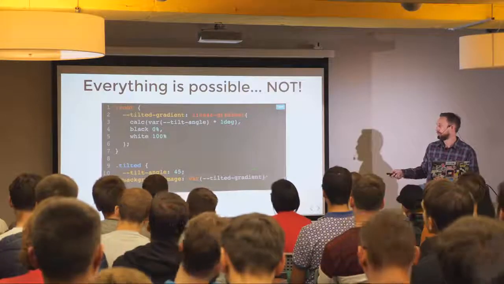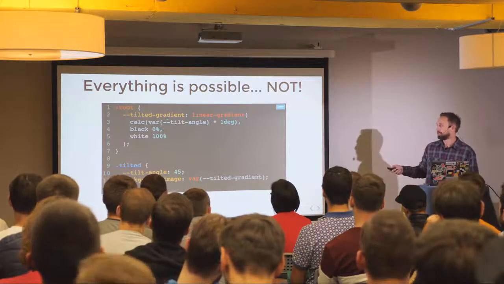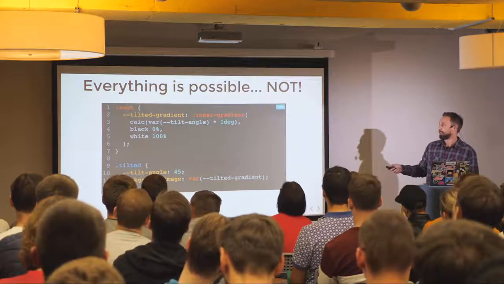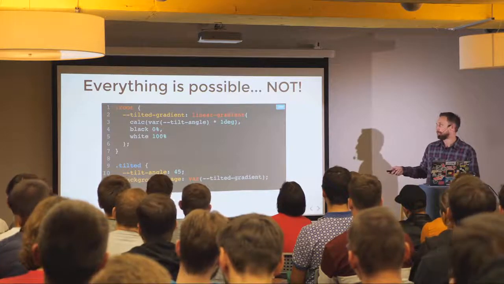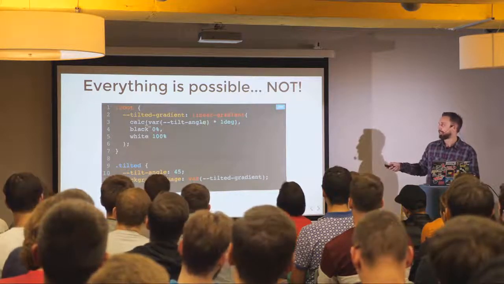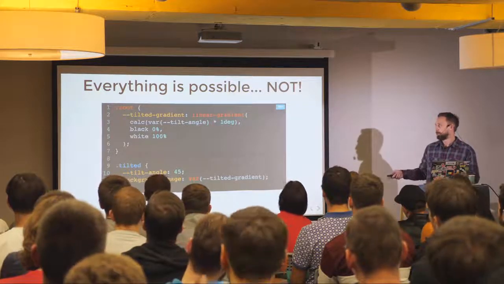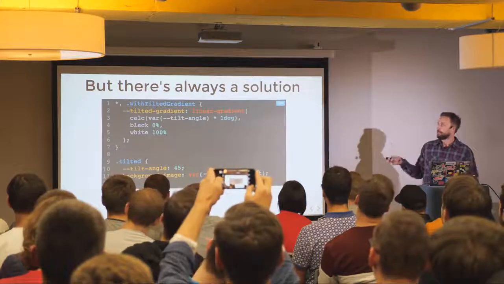Because this variable tilt angle is not declared on the root element, the value of tilted gradient is calculated before it is passed down. So since it does not have a necessary value in here, it will not be visible at all. But there is always a solution.